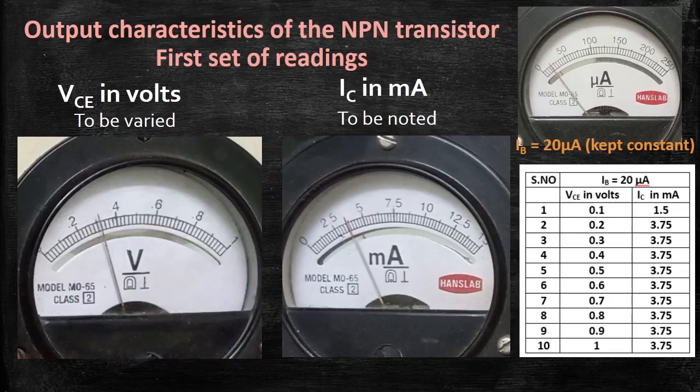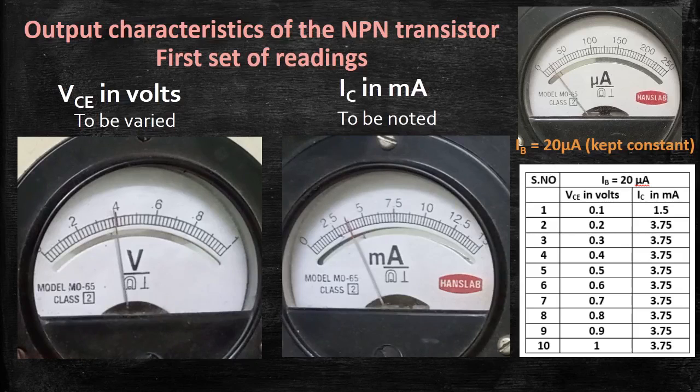Now I am going to increase the value of VCE from 0.2 to 0.3. Note down the reading. Is there any change? No change. Again it shows 3.75. Now I am increasing VCE from 0.3 to 0.4, and again there is no change; it shows 3.75 milliampere.